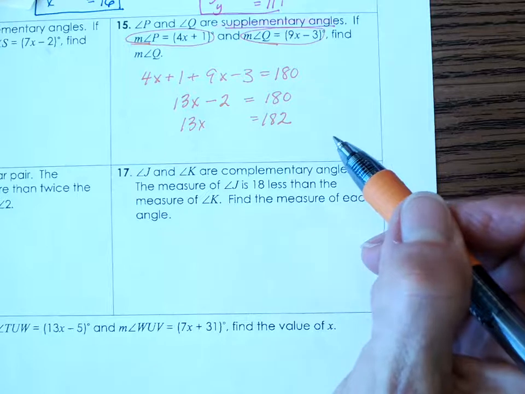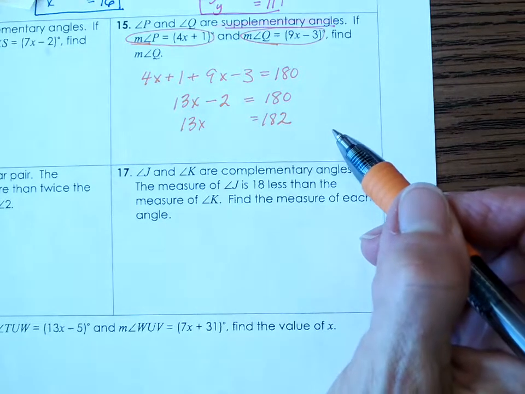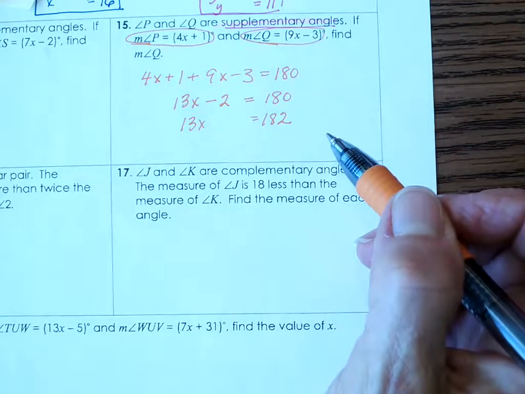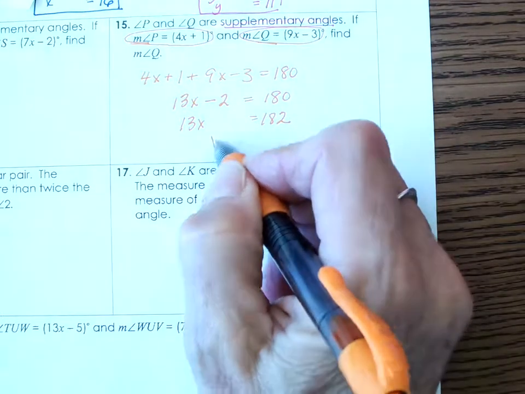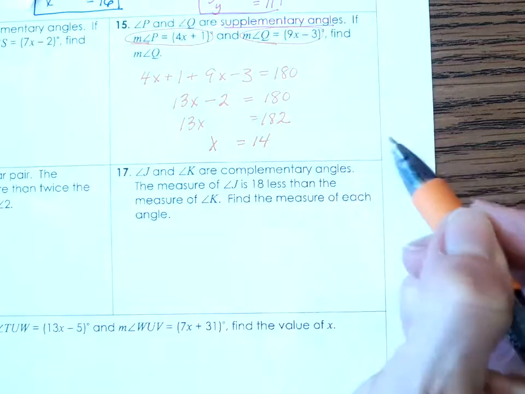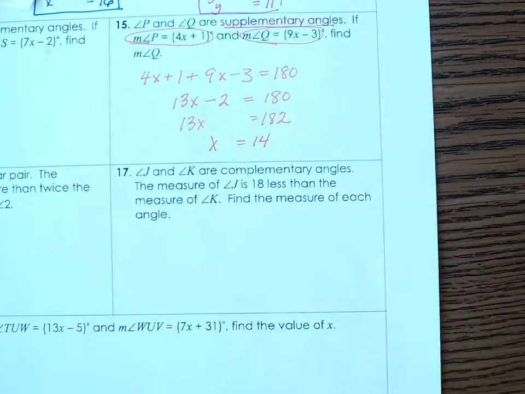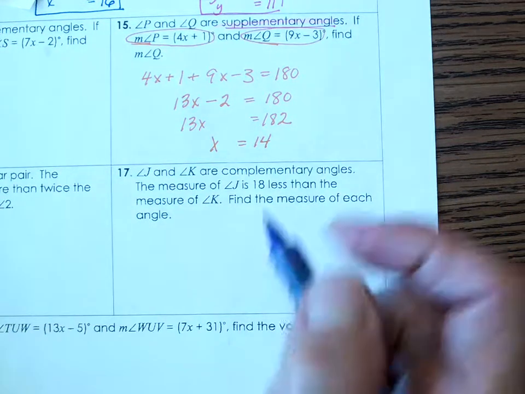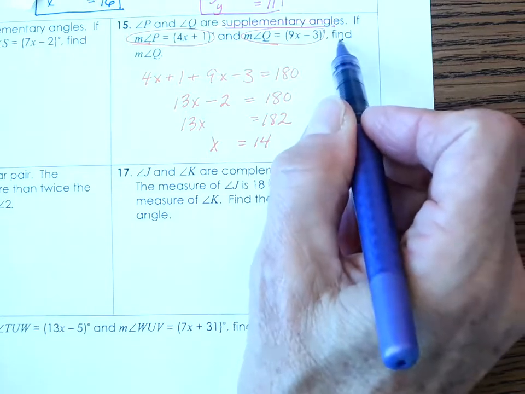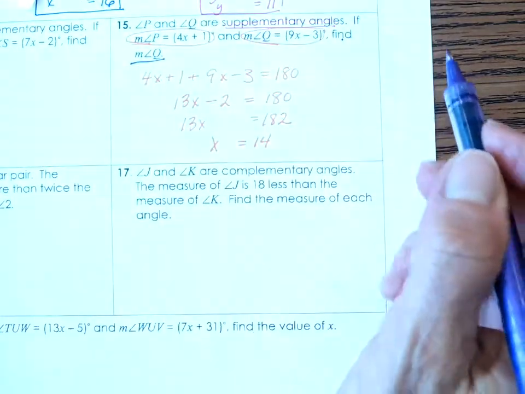So 182 divided by 13 is 14. So x equals 14. And the question they're asking is for you to find the measure of angle Q.